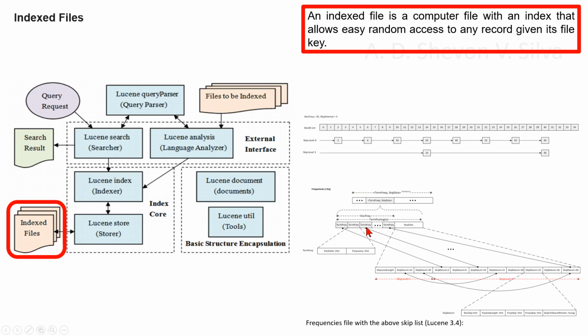Skip level 1 has 2 skip data entries, equal to 35 divided by 4 to the power 1 plus 1, containing the 15th and 31st document numbers in term freqs.